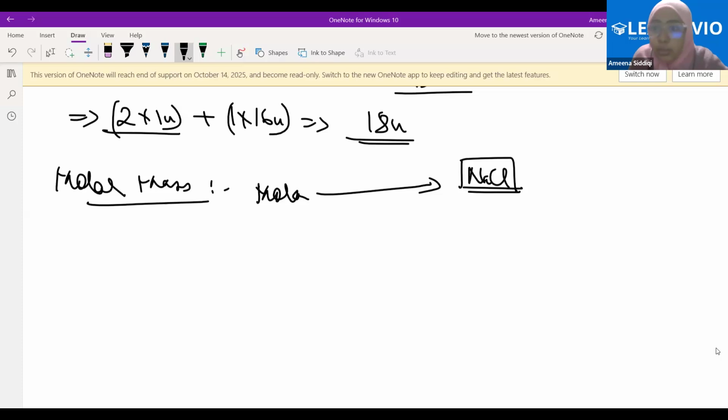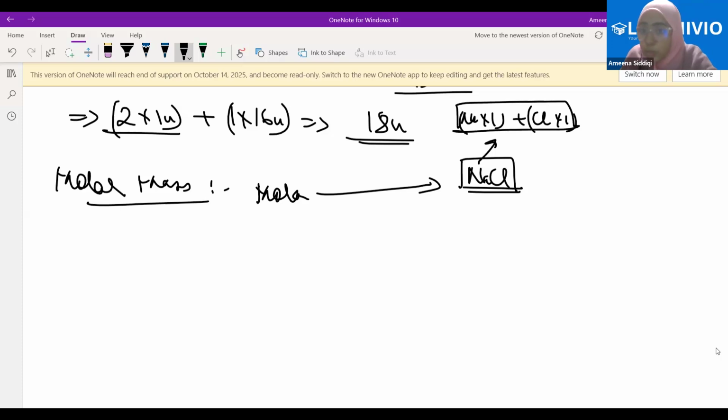If I ask you the molecular mass of sodium chloride, you will calculate sodium into 1 plus chlorine into 1, right? Here the number of molecules was 1 because we were calculating the molecular mass. Just the mass of one molecule is called the molecular mass. Now the molar mass will be the mass of 1 mole of that compound.